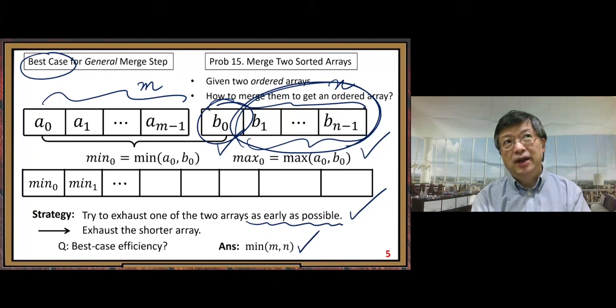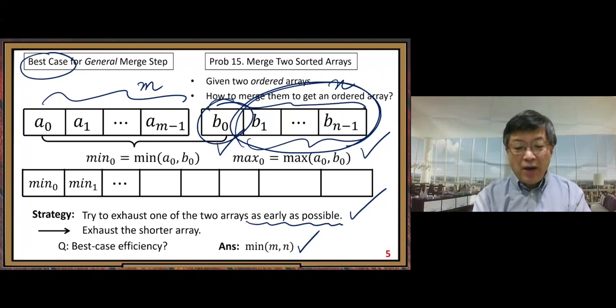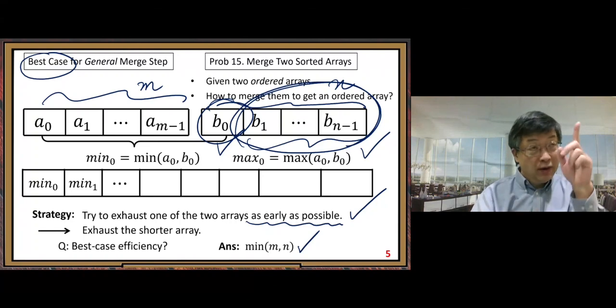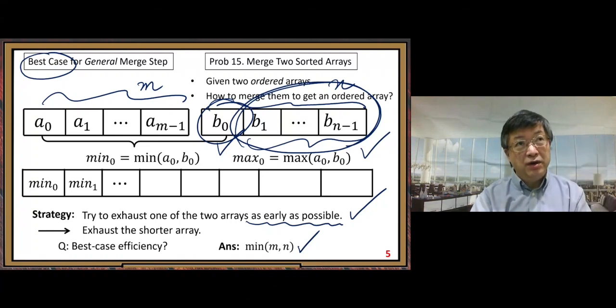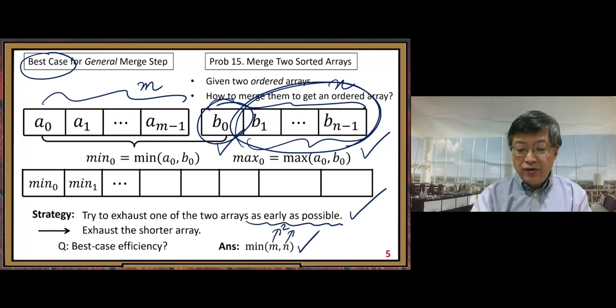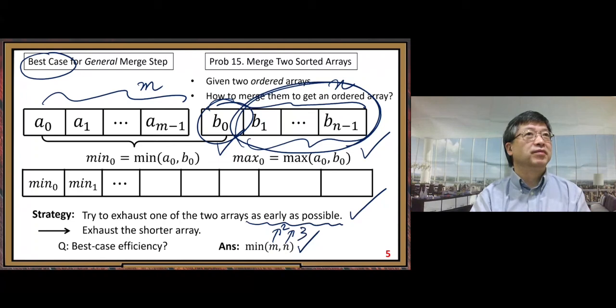But if I ask you to do it, I will not ask you to do the general m and n. I will give you, for example, 2 here and 3 here. Even in that situation, it may not be very easy. It's pretty challenging.